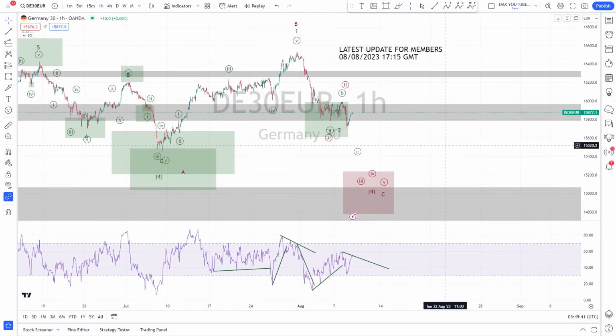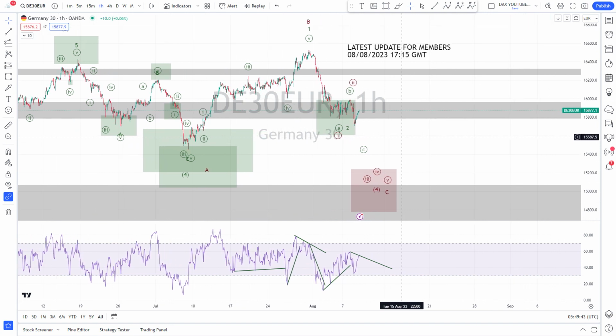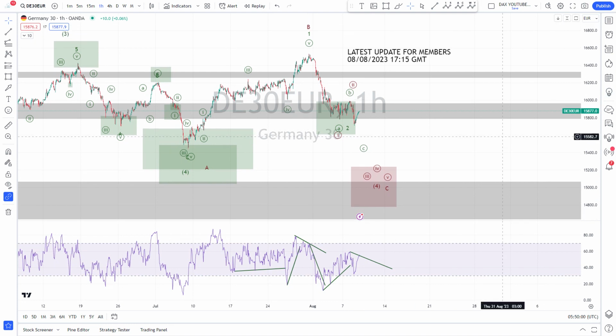In the bearish scenario, in red, I believe this was our wave 1. And then this should be our wave 2. And then a 3, a 4, and a 5 should follow from here, and that means that our next area of interest is this area here.